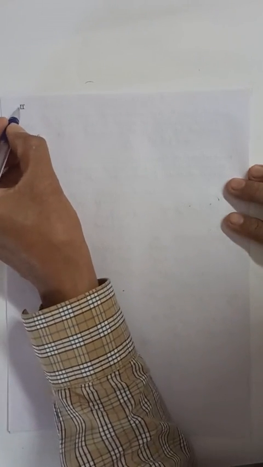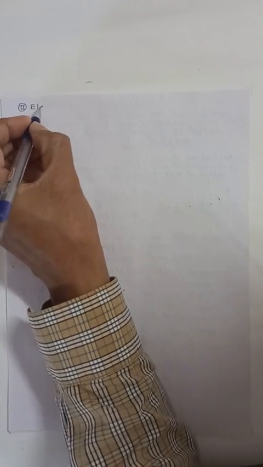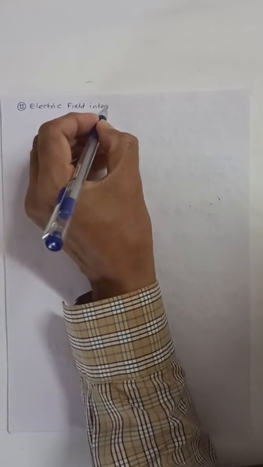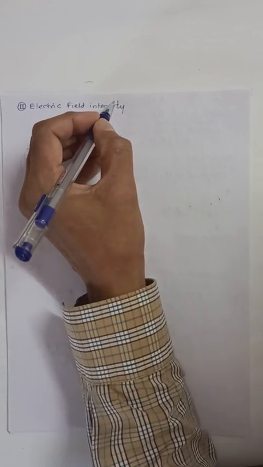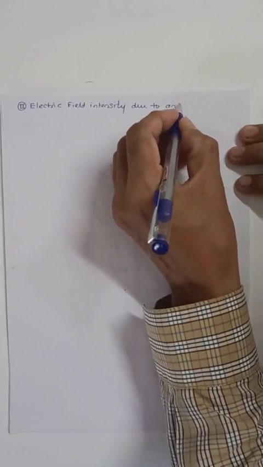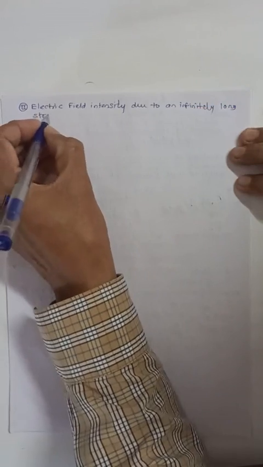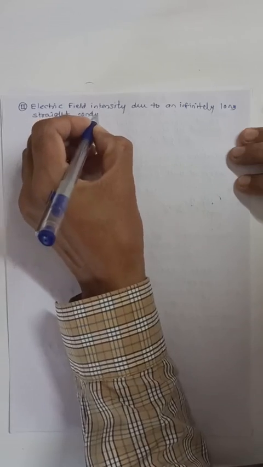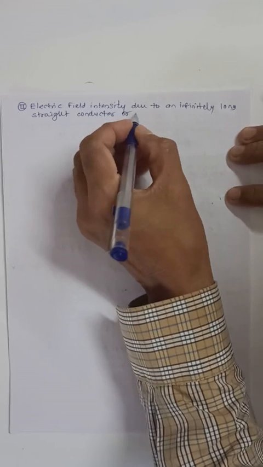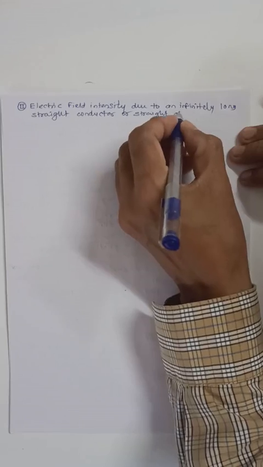The second application of the Gauss theorem is the electric field intensity due to an infinitely long straight conductor or straight charged wire.